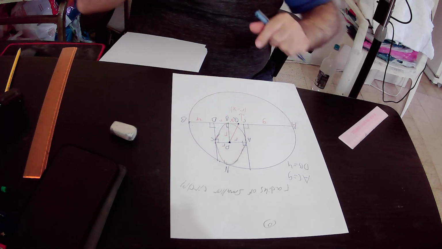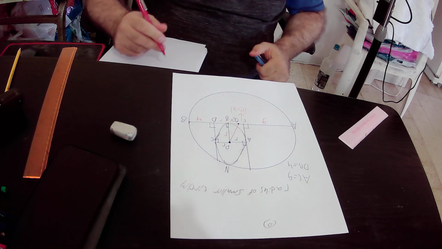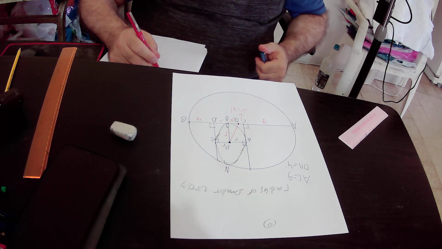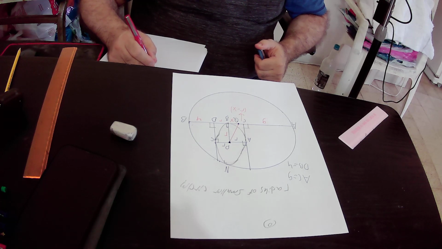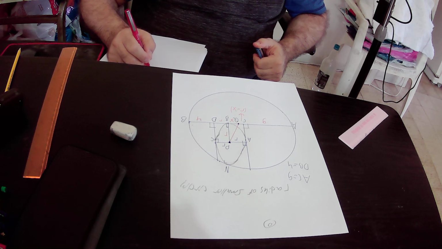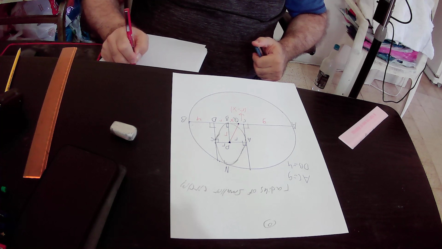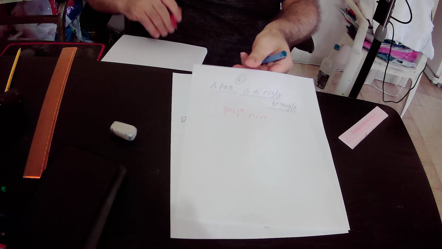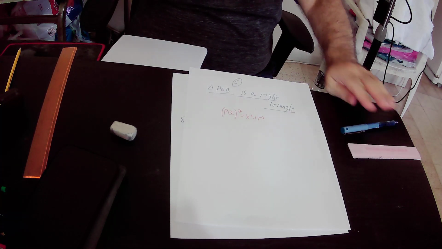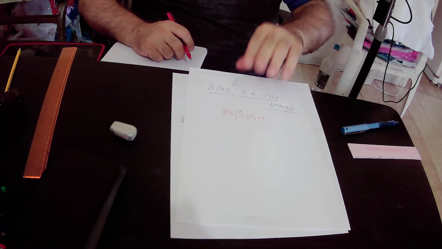So according to the Pythagorean theorem, PQ squared, the square of the hypotenuse, equals the sum of the squares of the perpendicular sides, x squared plus r squared.